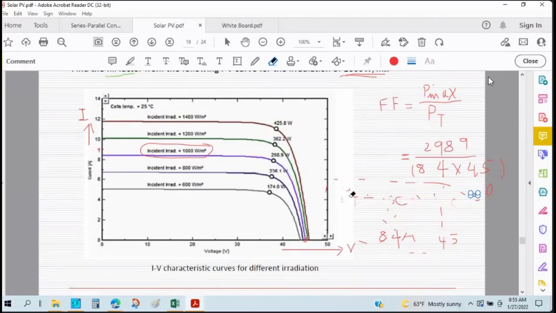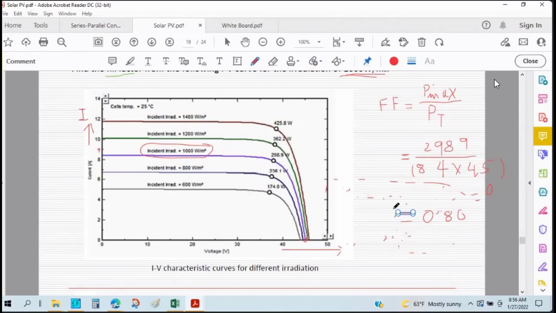Can anyone mention exactly what should be the value? Someone mentioned 0.79. Sir, 0.80, sir. I have also got 0.80.